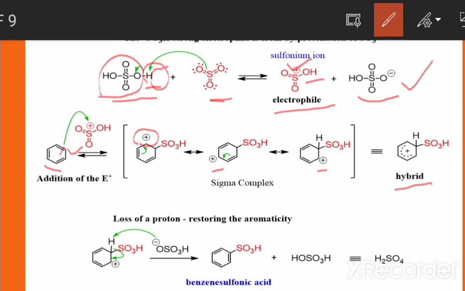This benzene ring is not in a stable condition, and we have to replace the hydrogen that is attached to the benzene ring.